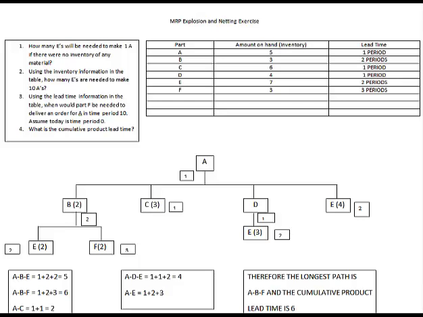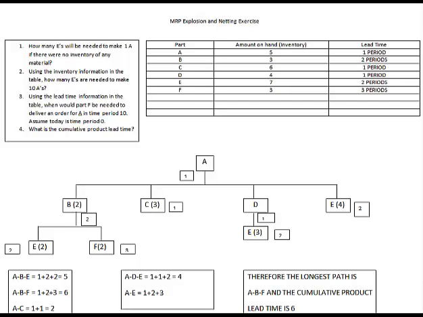We have another path from A to C. Adding the times for that, we have 1 plus 1 equals 2. We have another path from A to D to E. So adding those times together, we'll have 1 plus 1 for D. And then for E, we have another 2.